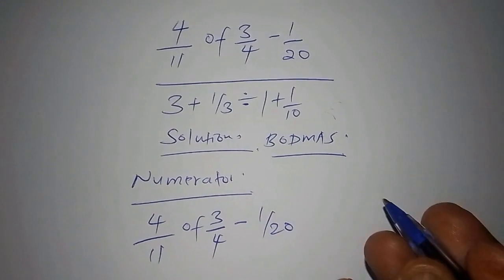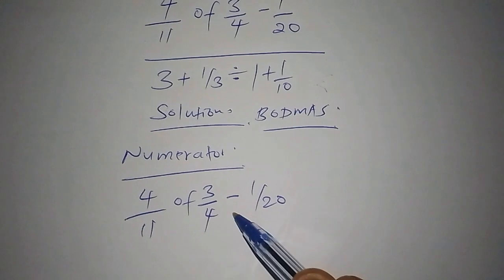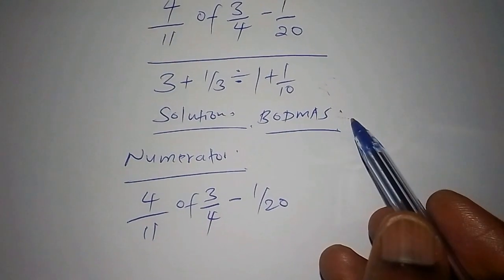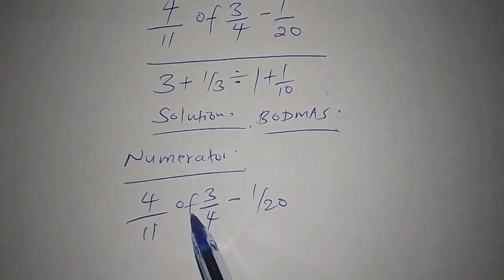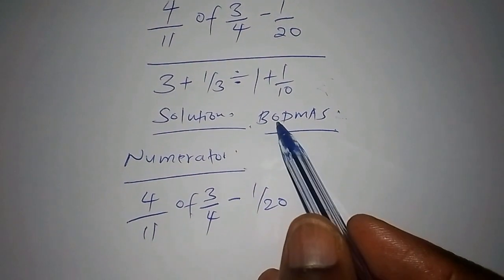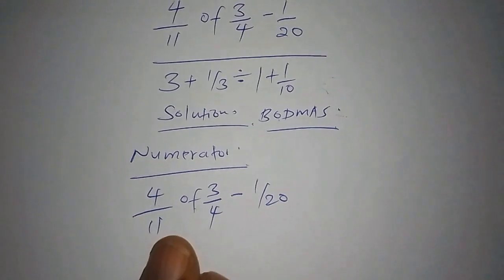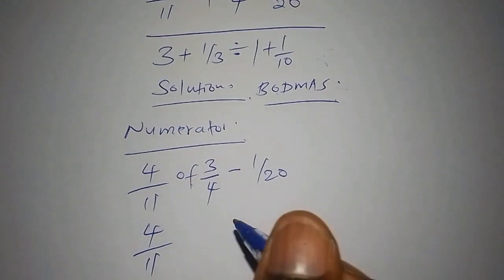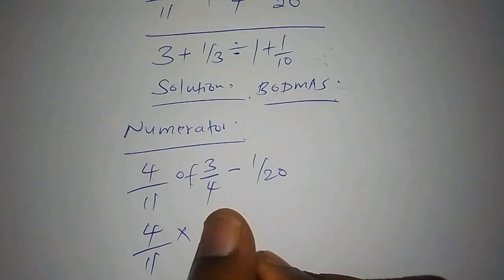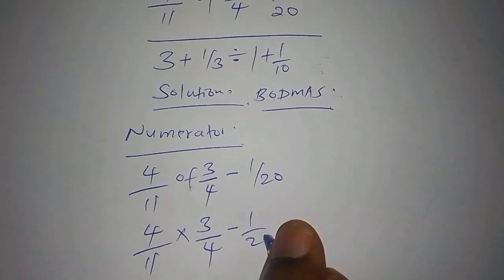So let's solve this problem. For us to solve this problem first, we need to look at BODMAS. B stands for bracket, O stands for of. Here we have of, and of automatically means multiplication. So here we have 4 out of 11, then multiply by 3 out of 4, then subtract from 1 out of 20.